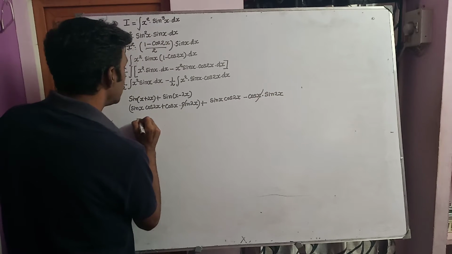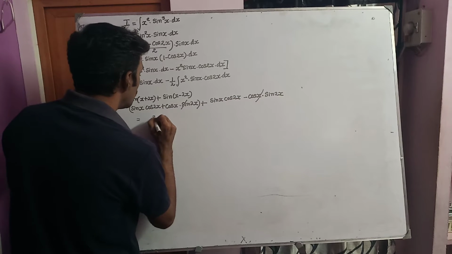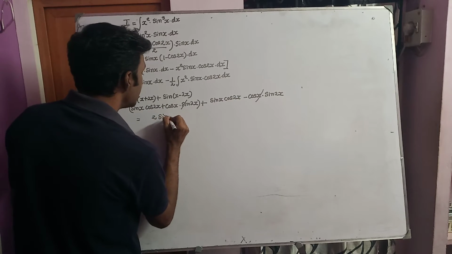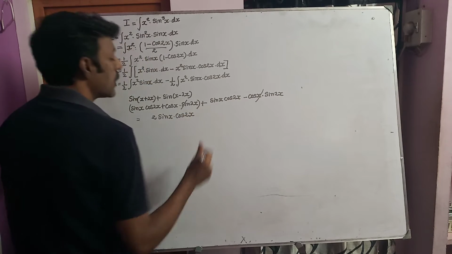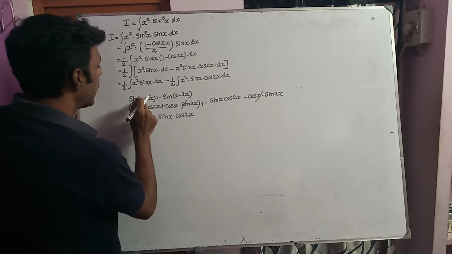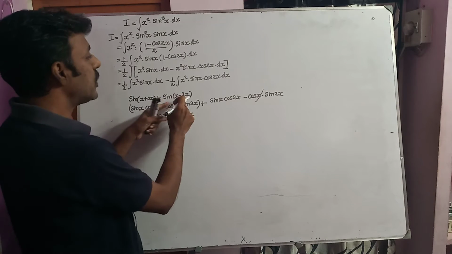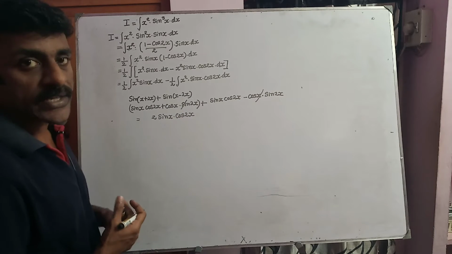The remaining term is sin x cos 2x, sin x cos 2x, which is nothing but 2 into sin x into cos 2x. So sin of x plus 2x plus sin of x minus 2x will be 2 sin x into cos 2x.